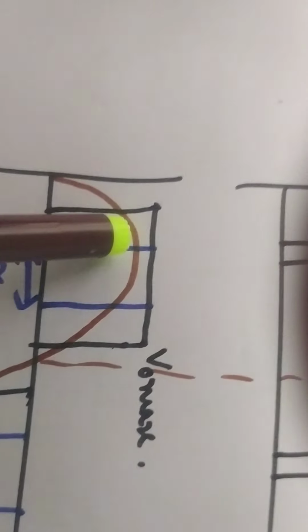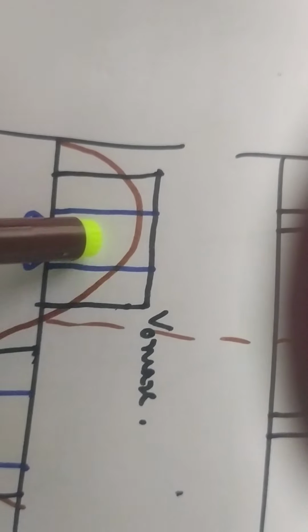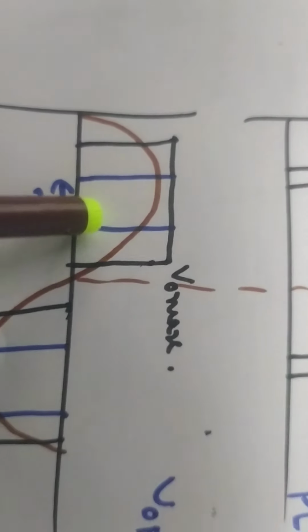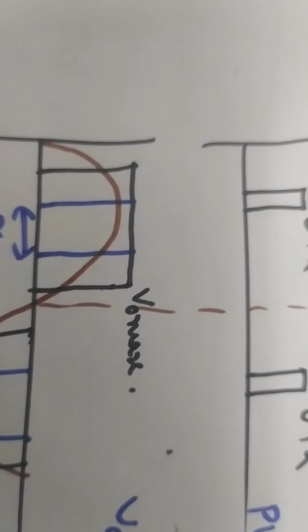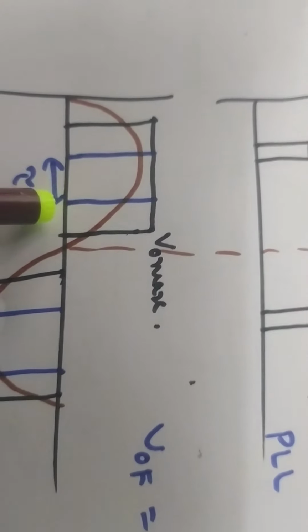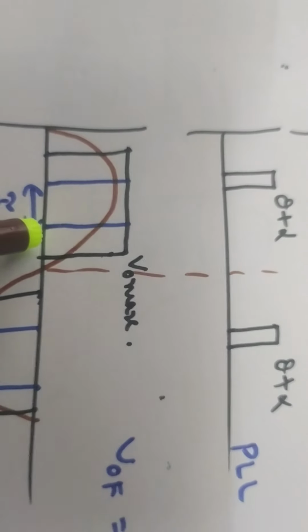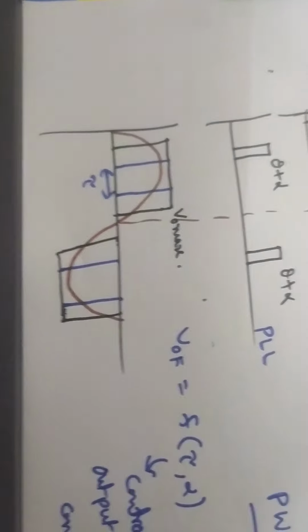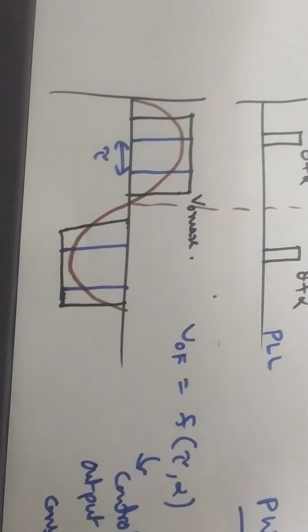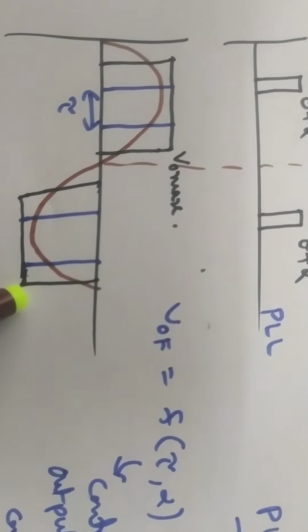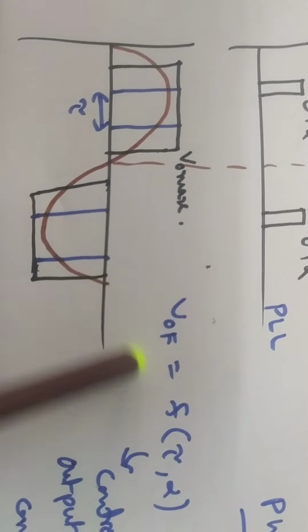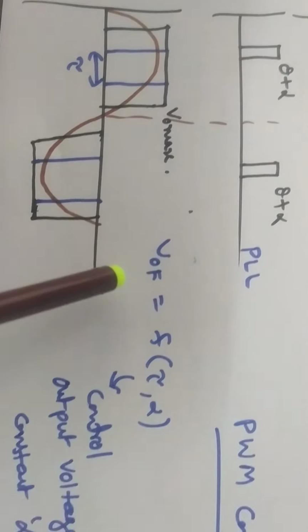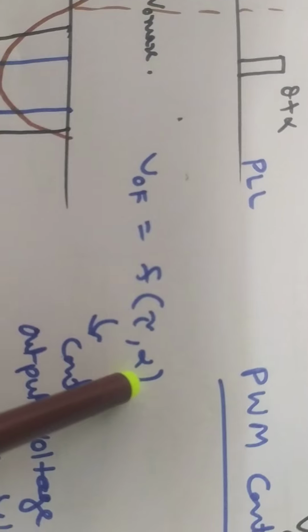This is the tau, the conduction is provided up to this part. So therefore the pulse width of the voltage can be controlled so that the output voltage of the VSC can be controlled. So the output voltage of the VSC is a function of tau and alpha.